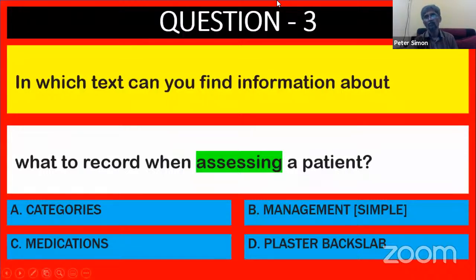Assessment, you know assessment now. Assessing a patient.